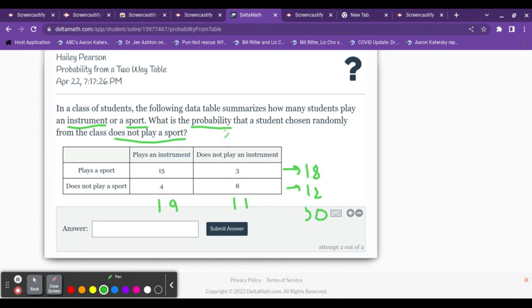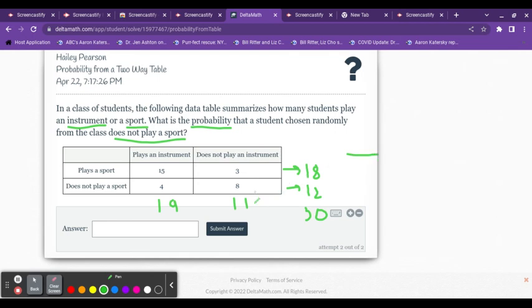And probability is a fraction between 0 and 1. And the question asks, what is the probability that a student does not play a sport? All right? So, if we look at our does not play a sport, first of all, we have to set up our fraction.